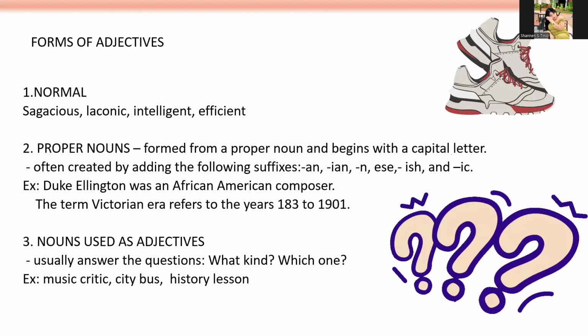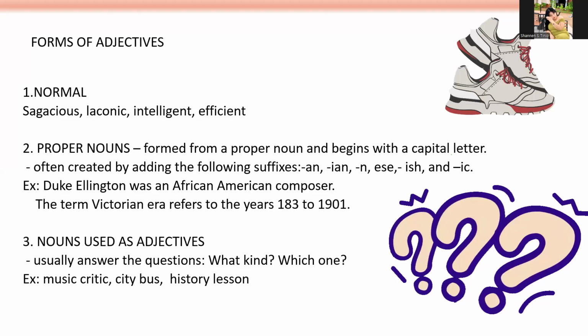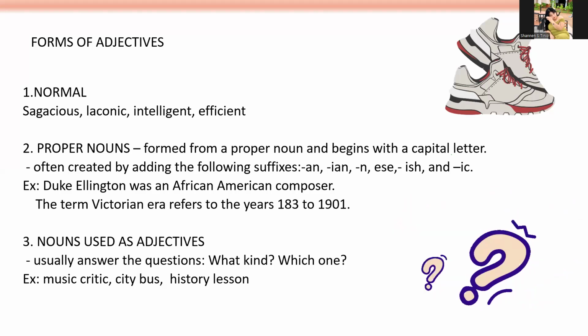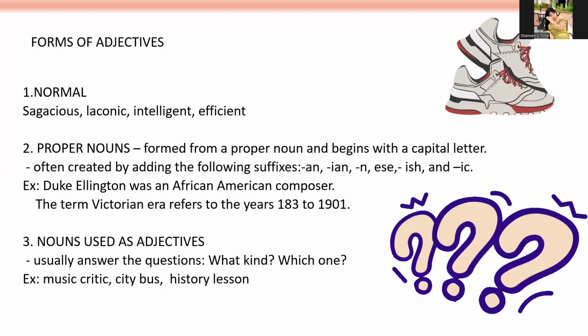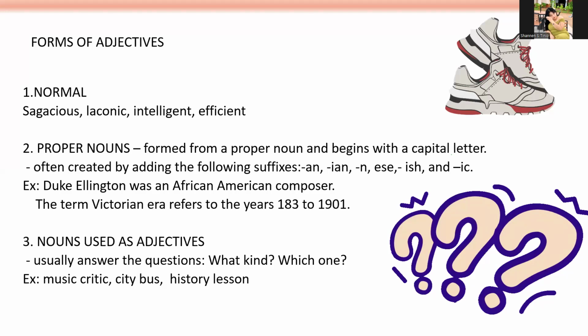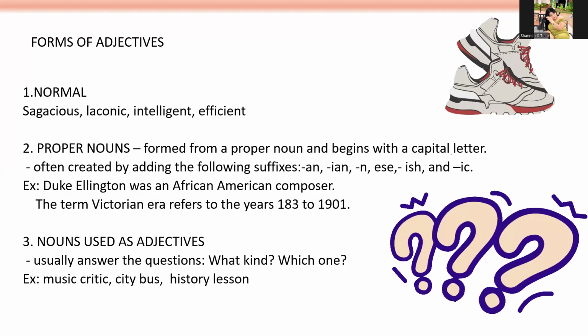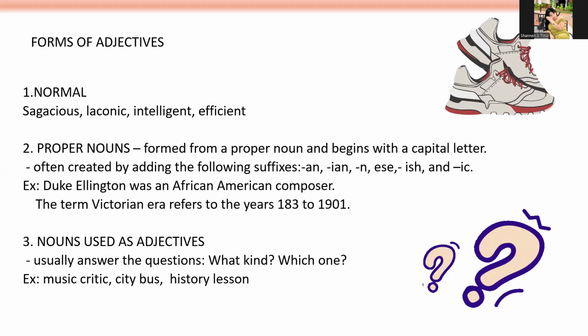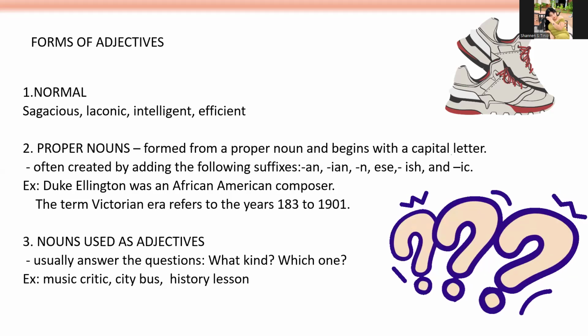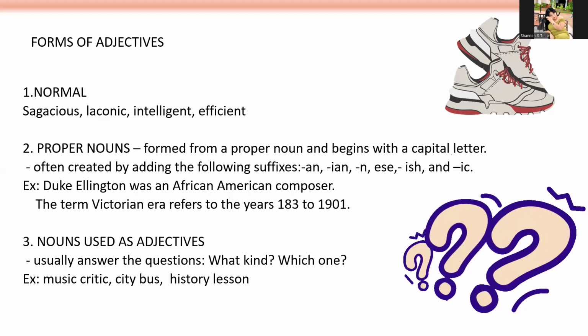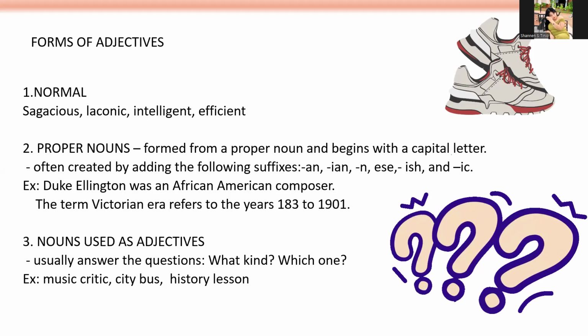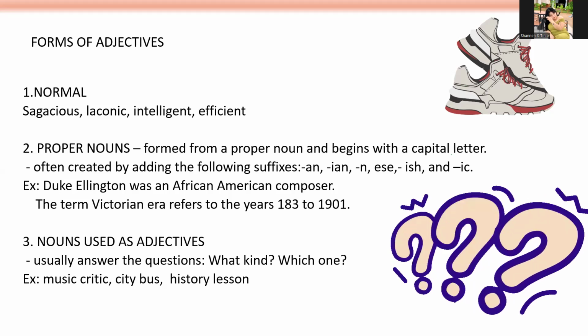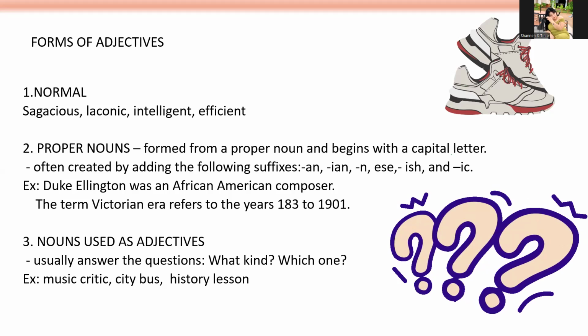In the example given here, Duke Ellington was an African American composer. Now, let's say you step into a room of composers or musicians, and you're looking for this Duke Ellington. Pag nakita mo yung tao mukhang African American, yun pala si Duke.